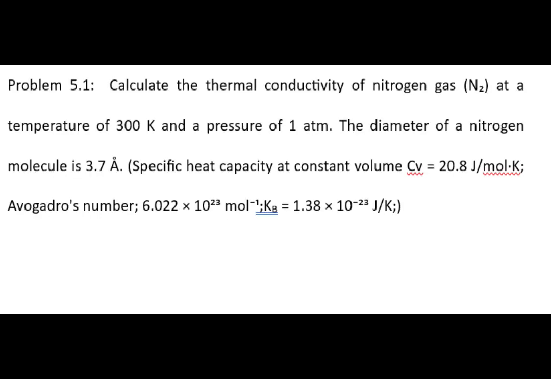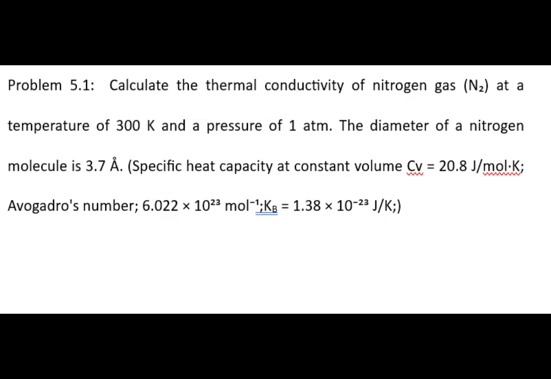Problem 5.1. Calculate the thermal conductivity of nitrogen gas, N2, at a temperature of 300 K and a pressure of 1 atm. The diameter of a nitrogen molecule is 3.7 Å, or Angstrom.